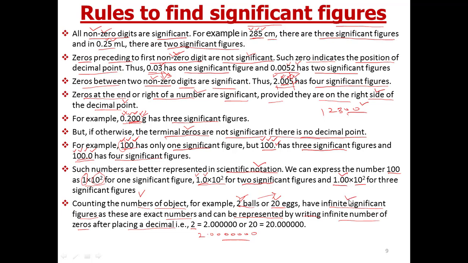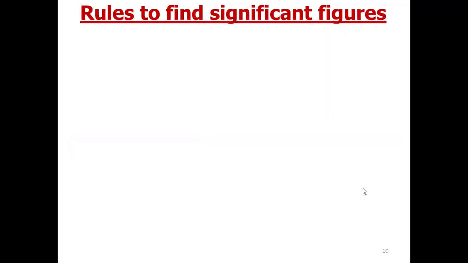Now with the help of these rules, let us try some examples and find the number of significant figures in some numbers. The first number is 0.0025. So we have to find the significant figures in this number.